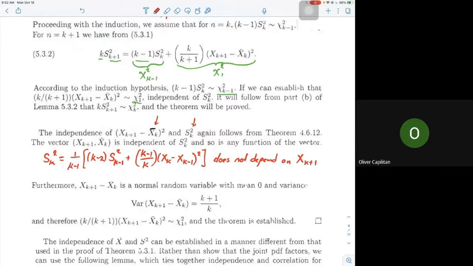We know also that this s sub k plus 1 and then s sub k quantity square, s sub k square, these two are also independent since s sub k square does not depend on x sub k minus 1. Then a function of this vector would be independent of s sub k square.